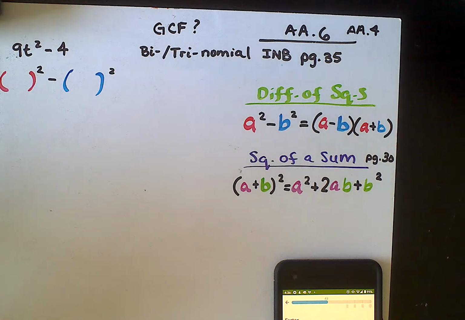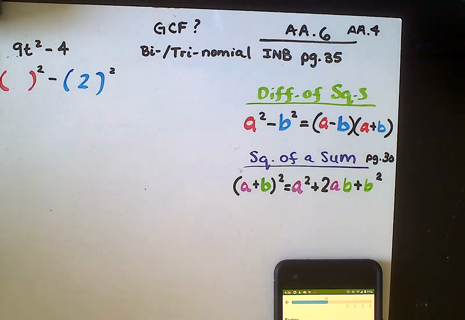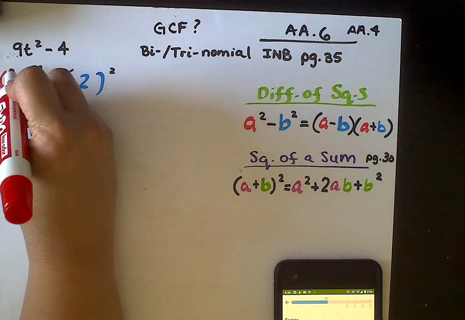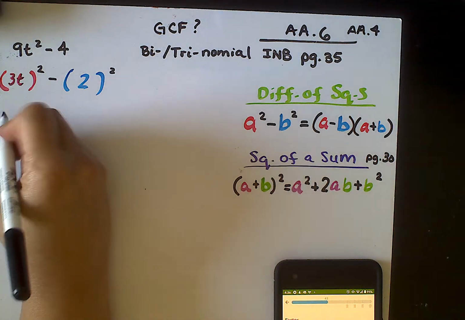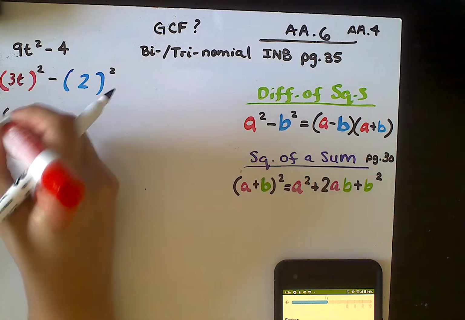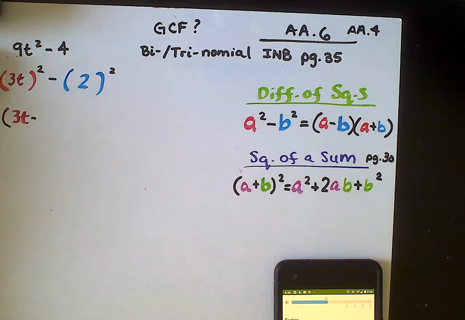Okay, so my 4 is very simple to fill in. 9t I could probably replace as 3t. It's just nice and simple. So let's rewrite parentheses 3t minus 2.